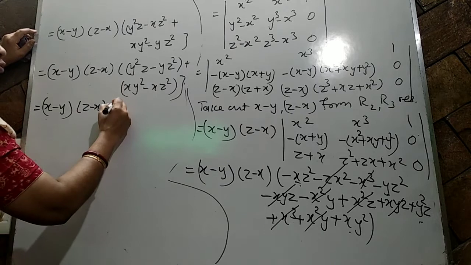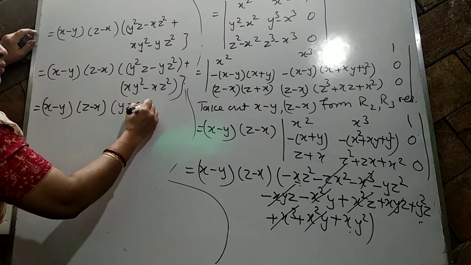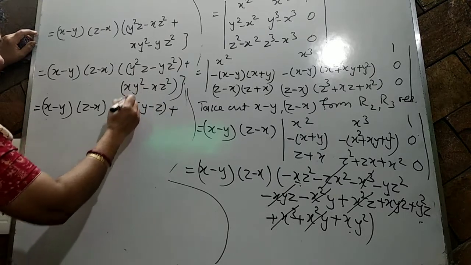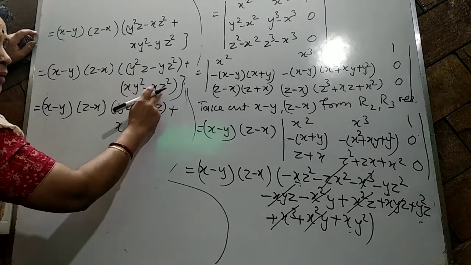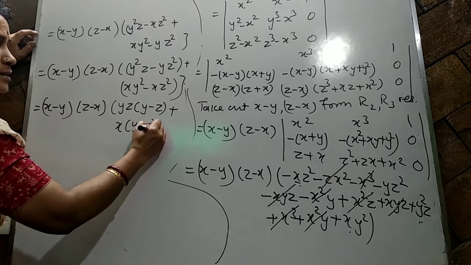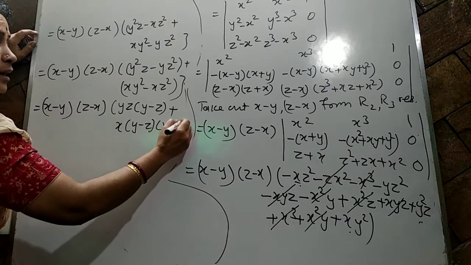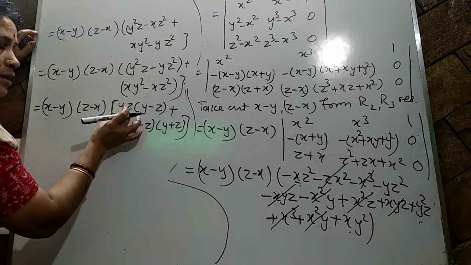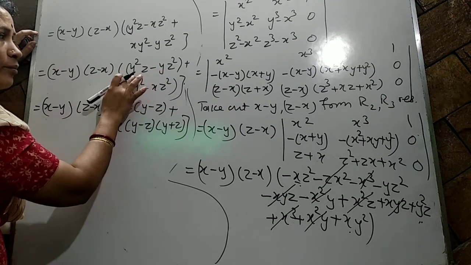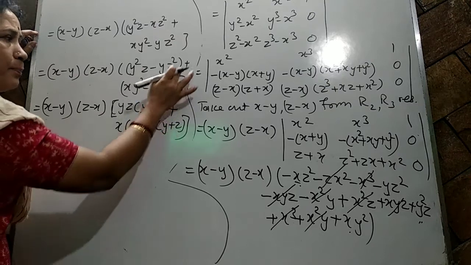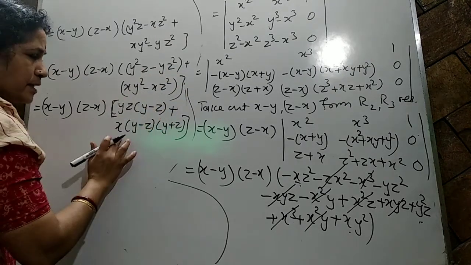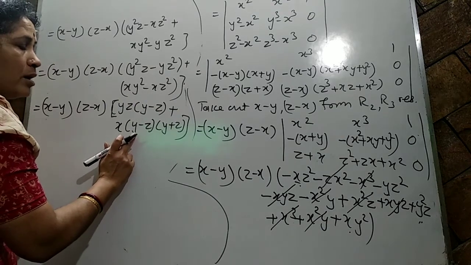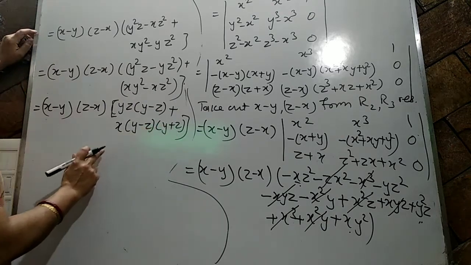Now here if I take out yz, I will get y minus z. Clear? Now plus, if I take out x, then I have y square minus z square, that is y minus z into y plus z. I think you are clear about it. What I told you: from both I am taking out yz, so we have remaining here y, here is z, plus if I take x, we have y square minus z square, which I have written with the formula y minus z into y plus z.